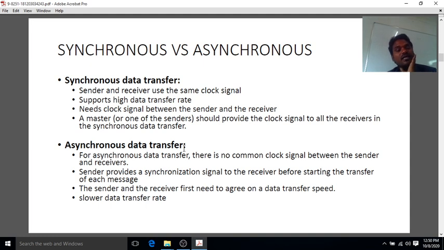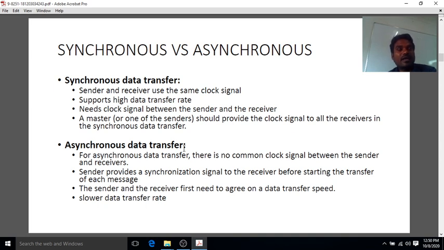And the second point in the asynchronous data transfer is that the sender provides the synchronization signal to the receiver before starting the transfer of each message. That means the transmitter is going to provide a synchronization signal to the receiver before it starts transmitting.